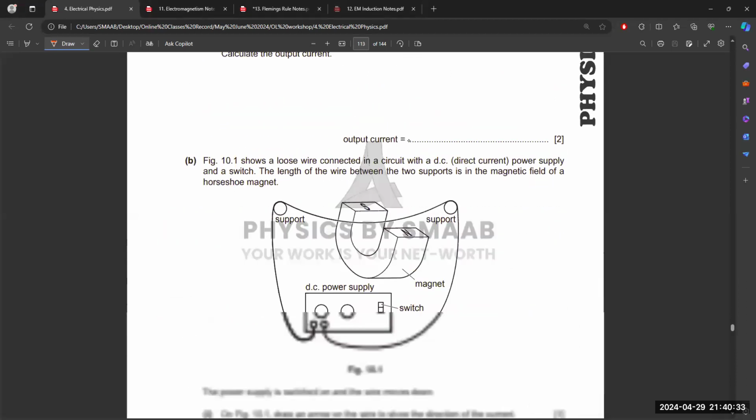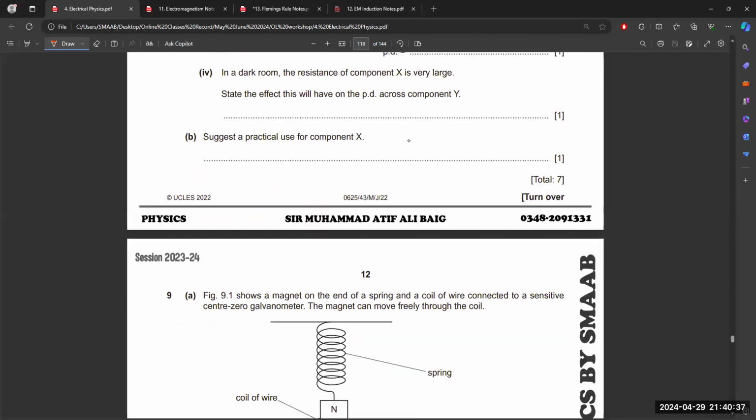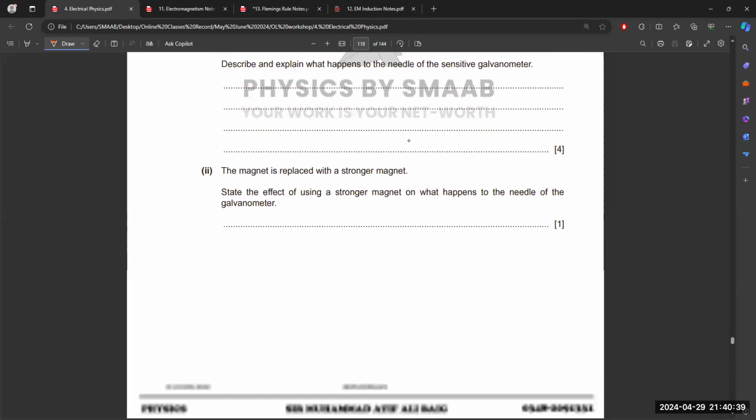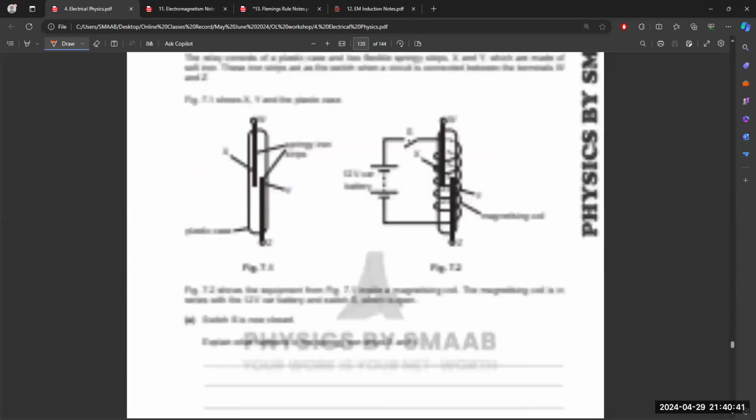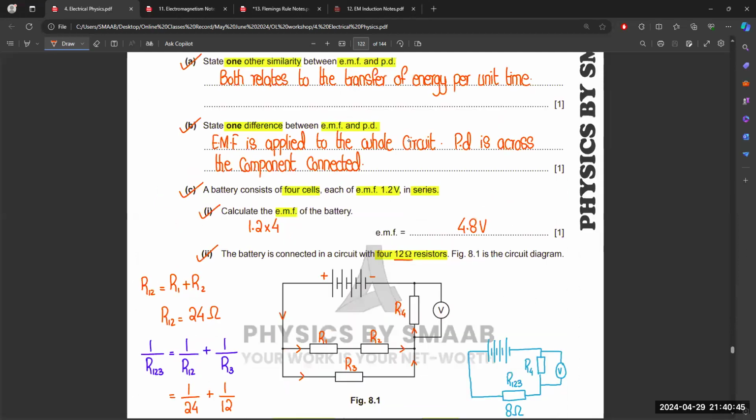You can see this part is also linked with AC, electromagnetic induction. So tomorrow we will practice electromagnetic induction with AC generator also. That will help us to identify the number of questions from AC also.